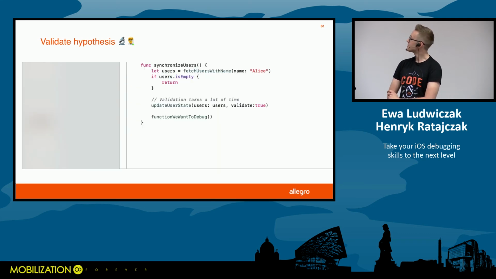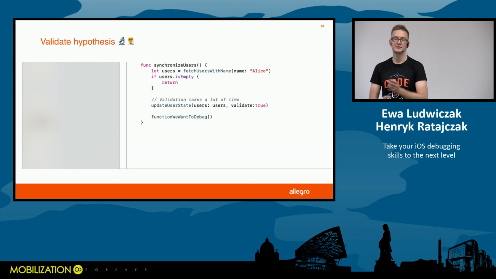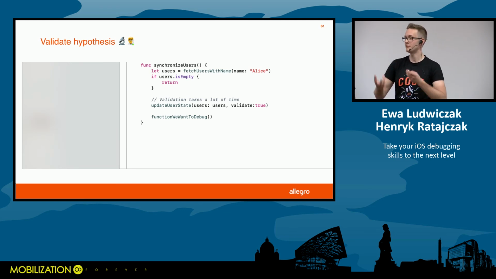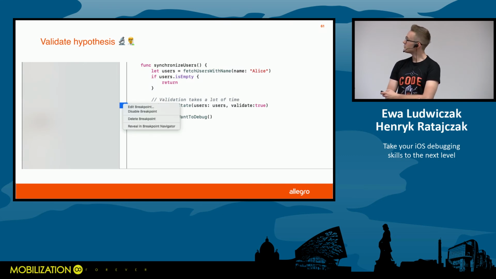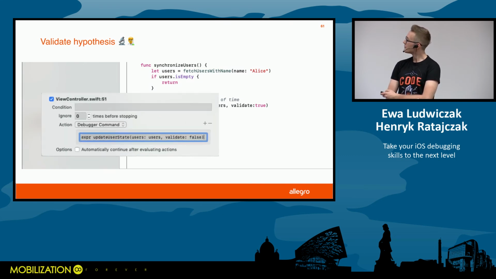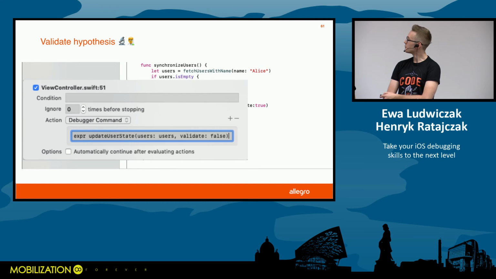However, sometimes the situation is a little bit more tricky. Right here, we want to avoid calling update user state with validate set to true. However, we cannot use expression because there is no place in memory that we can override from true to false. However, there's another trick we can use. Again, with the breakpoint, right here, as I showed you before, we call the function with validate set to false.